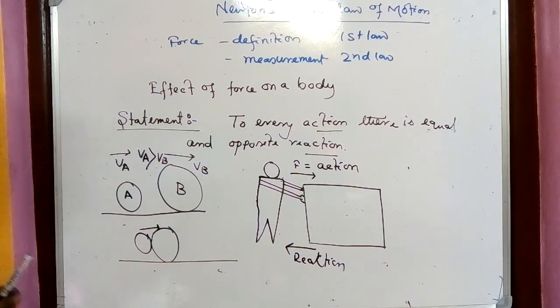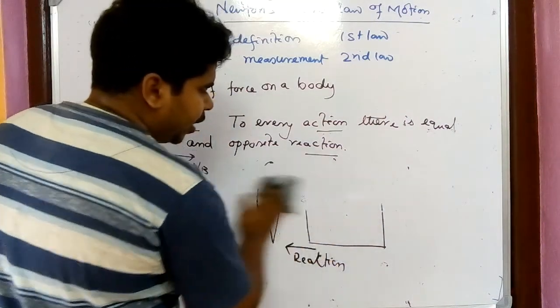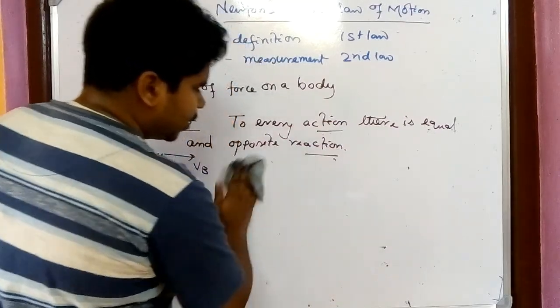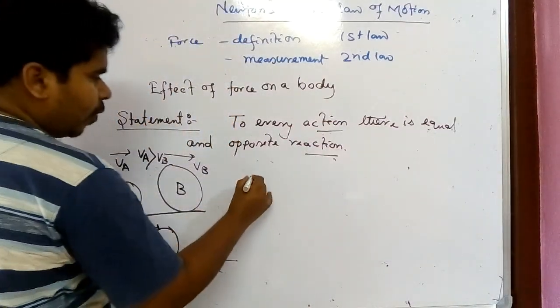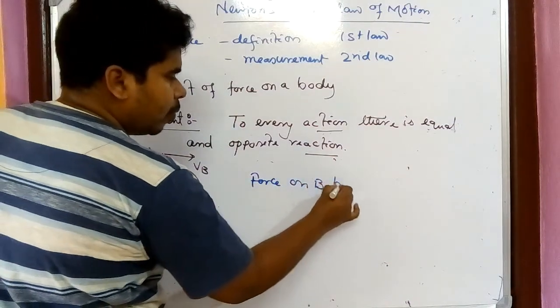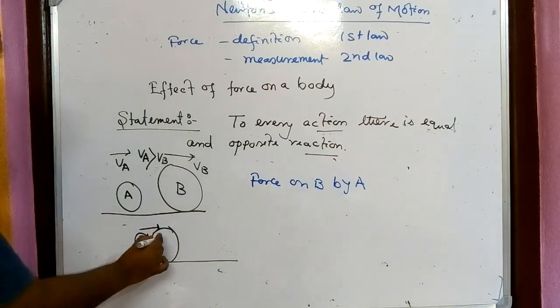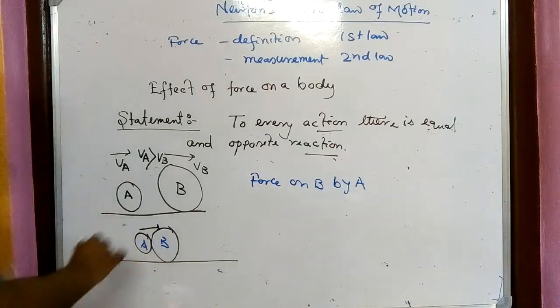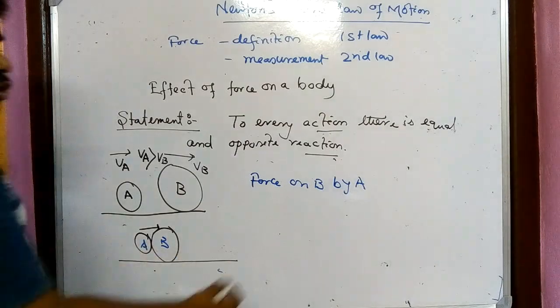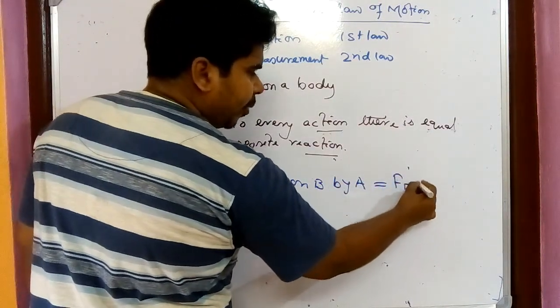I'm just erasing this diagram, then it will be easier for you to understand. First thing we have written: force on B by A. This is B and this is A. How much? That should be taken as FBA.